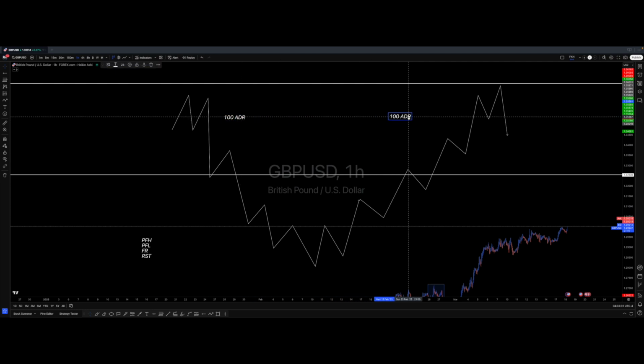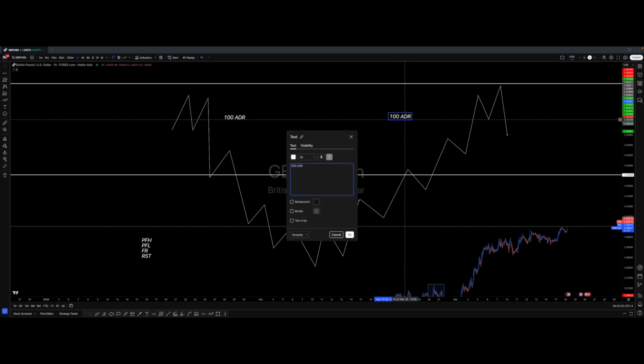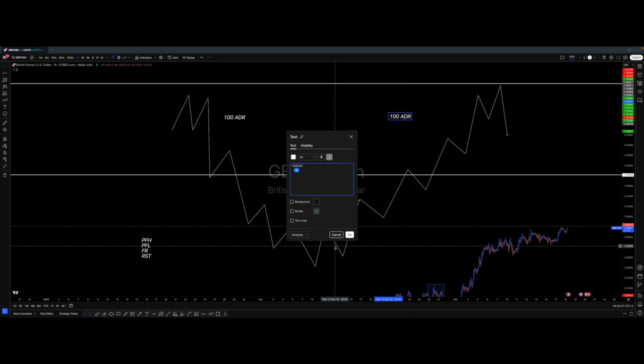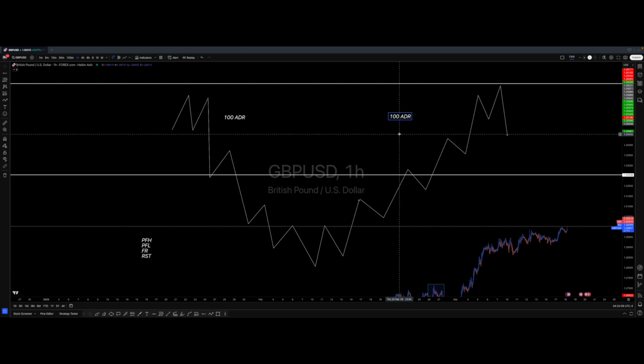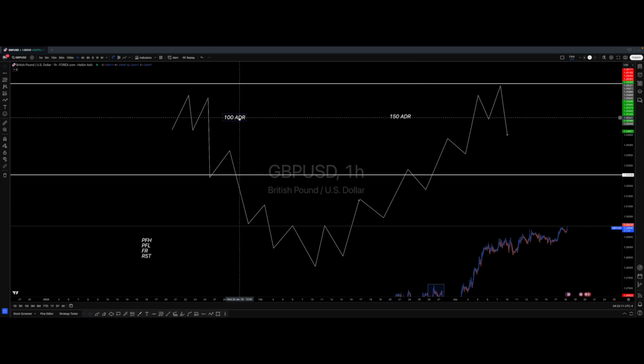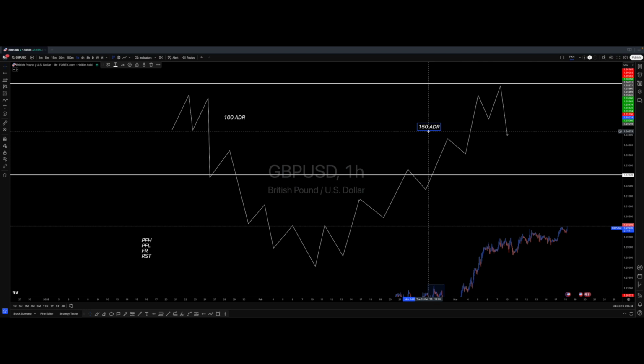So this other cycle here could be a cycle of 150. You could have one cycle of 100, the very next one could be 150, or it could be 125, or it could be 110.